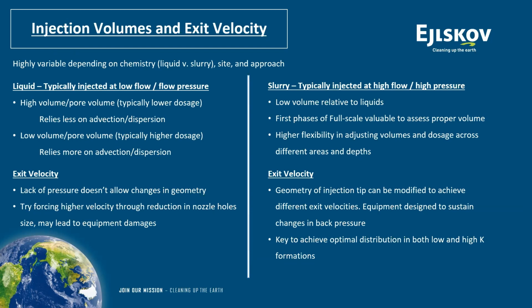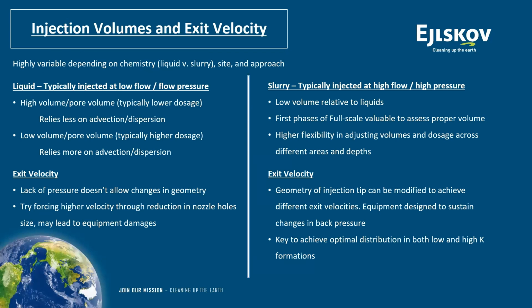Now you're relying on advection dispersion to move your material out. And so that's going to depend on the hydraulics of your site, having a good handle on your transmissive zones, which are hydraulic conductivity, your gradient, all of those, as to which one of those is going to be more appropriate.